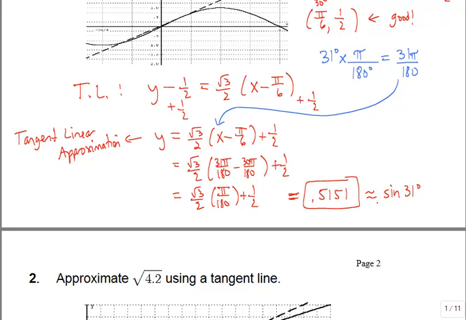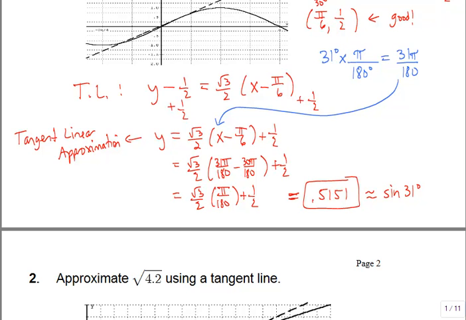And you could compare the two on your calculator to see how close they actually are. But the tangent line is a very good, simple way to approximate a curvy function. And it'll be fairly accurate as long as the x value that you're plugging in is close to the point where you centered your tangent line at. And we centered it at that pi over 6.